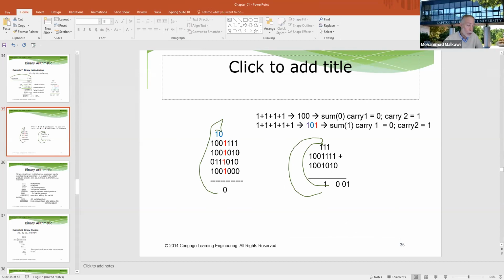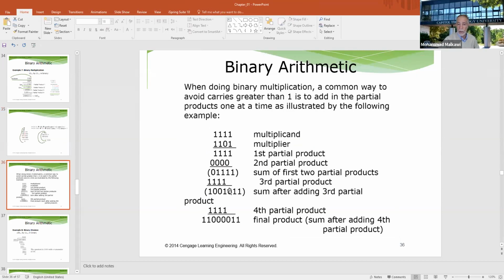It's going to be a bit more complicated. But the other way, I would say I don't need that. I'll just do multiple adds. I would say add number 1 here. This is my first add. That's my first add.